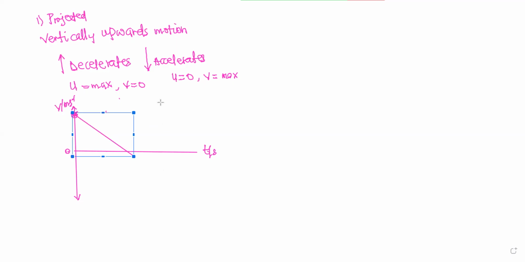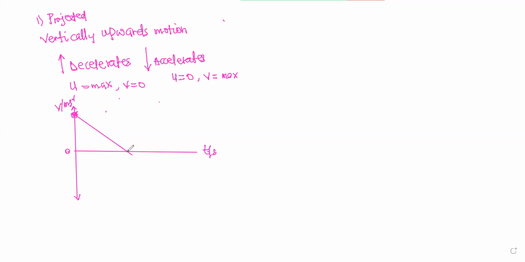Class, are you with me? Do you agree with me on this point? Let me hear from you. So we are starting with a maximum velocity. It will be decelerating or decreasing as the object goes up.